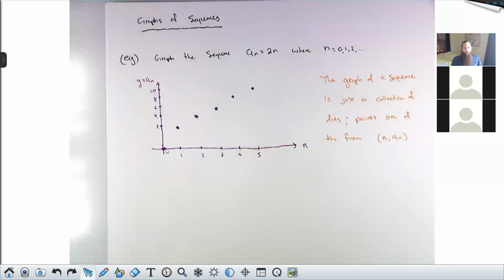All right, this is how it's done. And if I hadn't messed up the scales here, you would see that these all live along a line. They all live along the same line as y equals 2x. But the graph is just these dots because the domain is just these whole numbers.